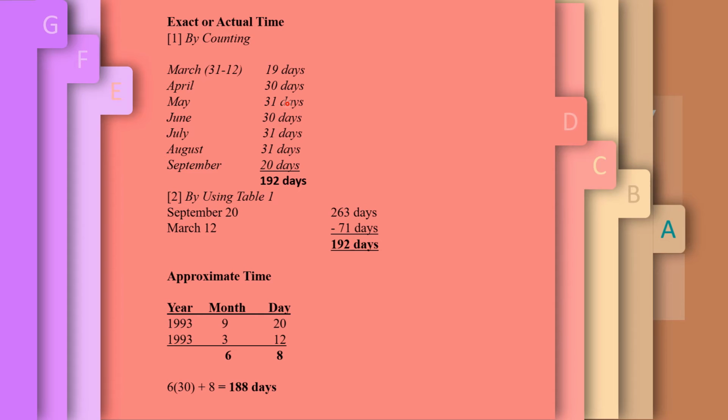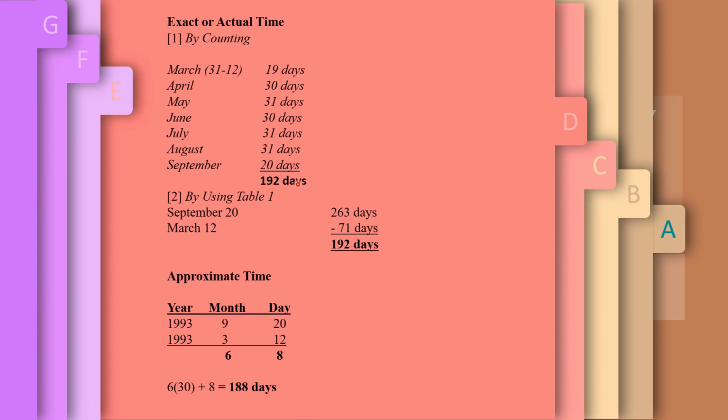May, 31 days. June, 30 days. July, 31 days. August, 31 days. And September is 30 days. No. So since it is just from March 12 to September 20, in the month of September, there are only 20 days.